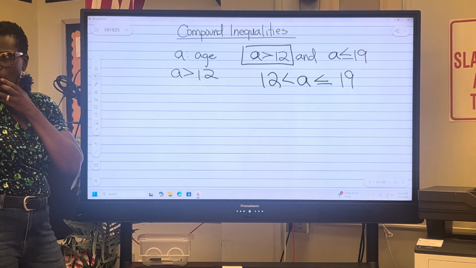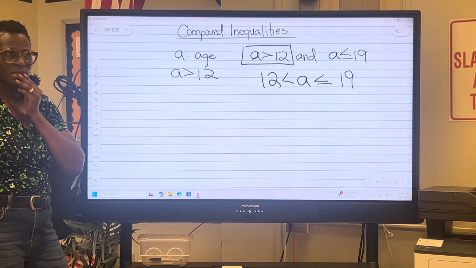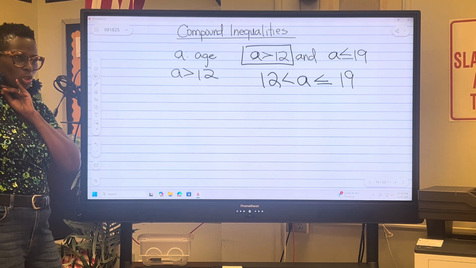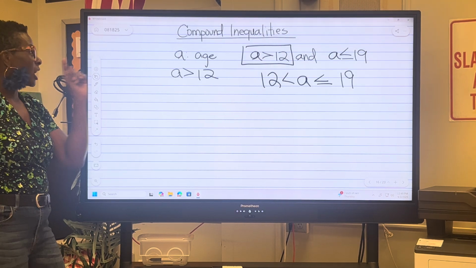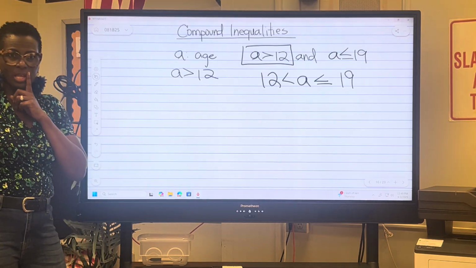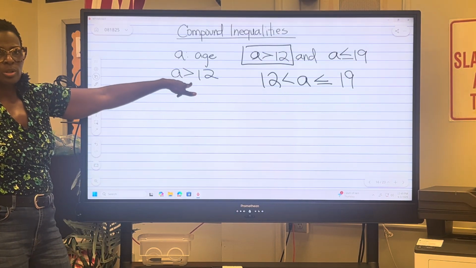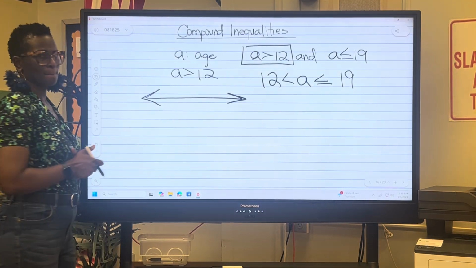Is it inclusive or exclusive? Find your words. Exclusive. Why exclusive? It's going to be an open circle. Is 12 a possibility? Can a kid be 12 years old? No.